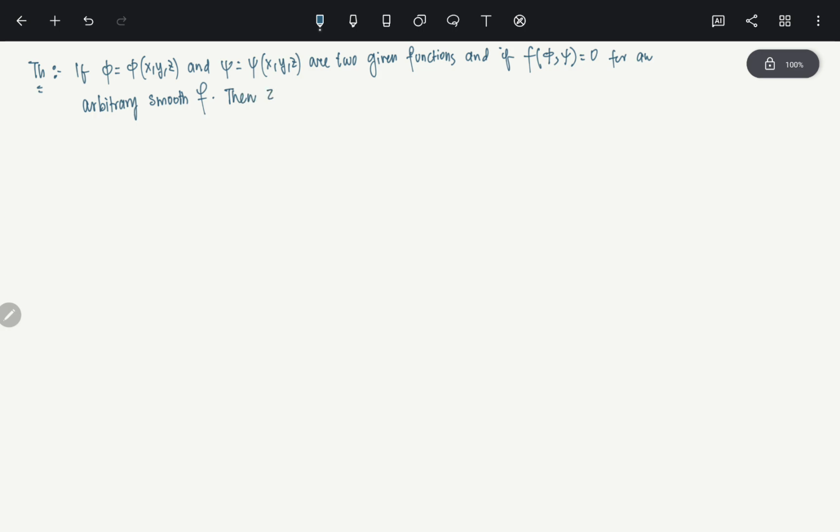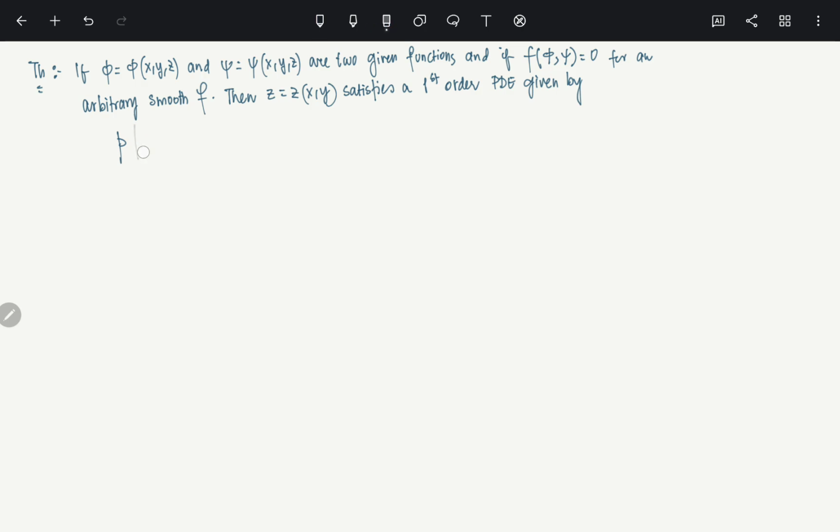z, which is a function of x and y, satisfies a first order PDE given by, what is the first order PDE? It is given by this P. Let me put it this way, maybe I can put the Jacobian part.